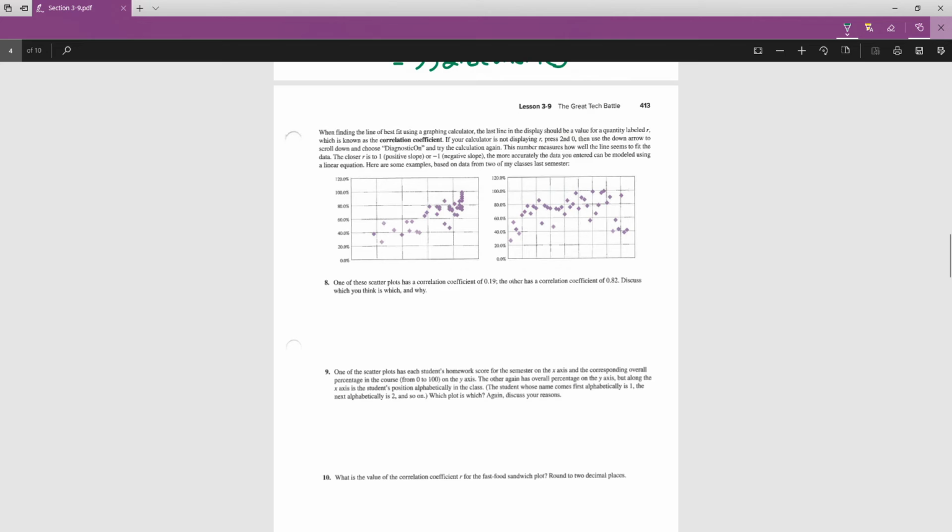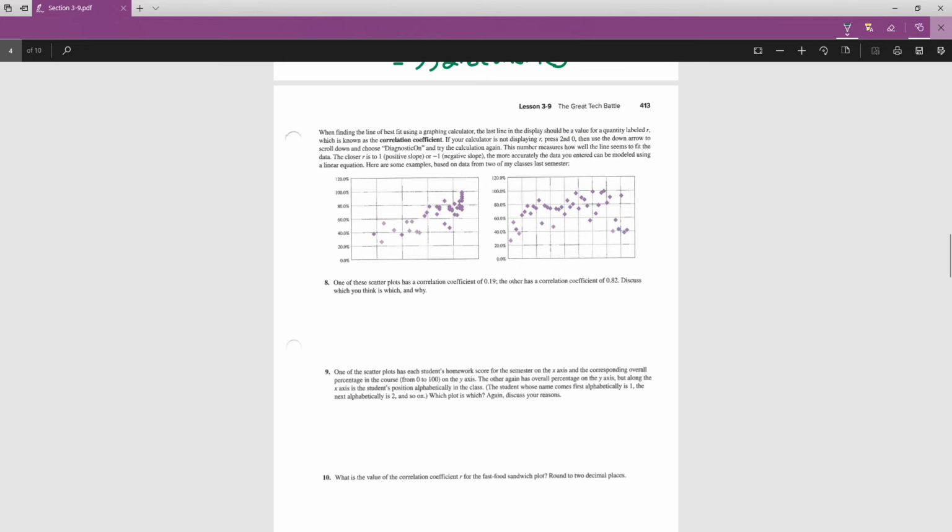Number 8 asks us, one of these scatter plots has a correlation coefficient of 0.19. The other has a correlation coefficient of 0.82. Again, thinking about these as percents, that would indicate that one of them has 19% of the points on the line of best fit. The other one has 82% of the points on the line of best fit. Which one do you think is which?